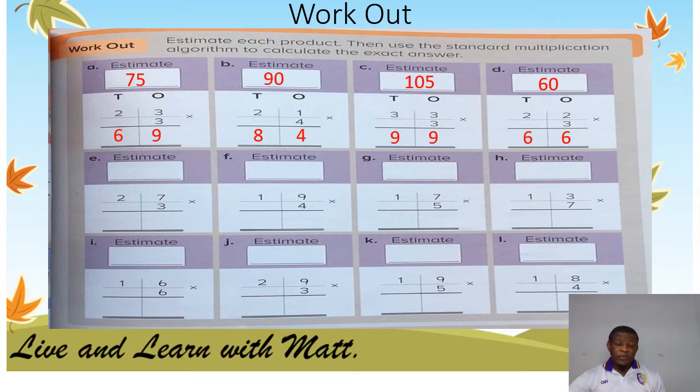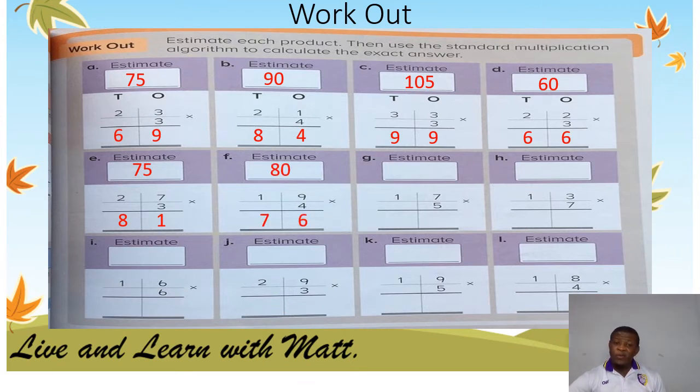Part E, 27 times 3. Let's say 30 times 3, that will be 90 or 75. Therefore, the exact answer will be 81. Part F, 19 times 4. Let's say 20 times 4 will be 80. Estimate.